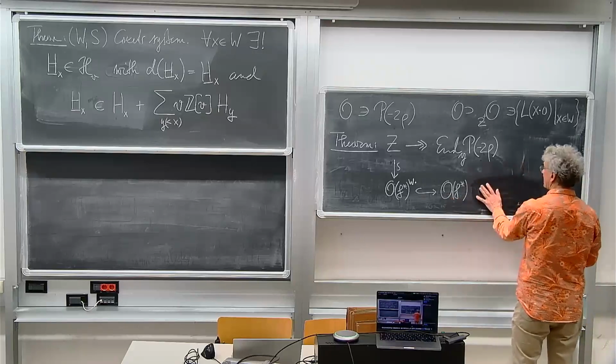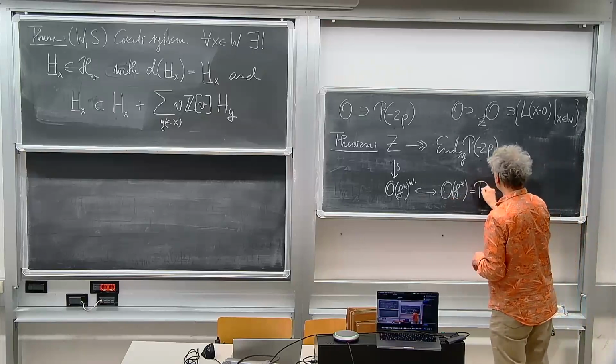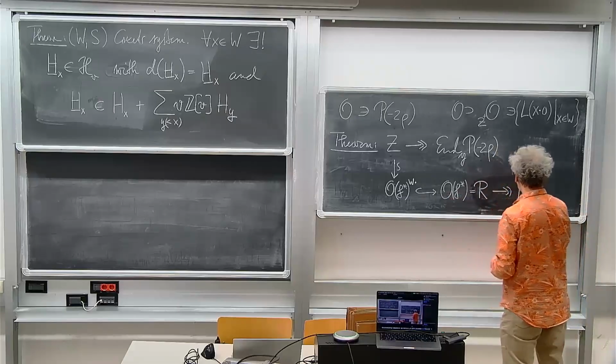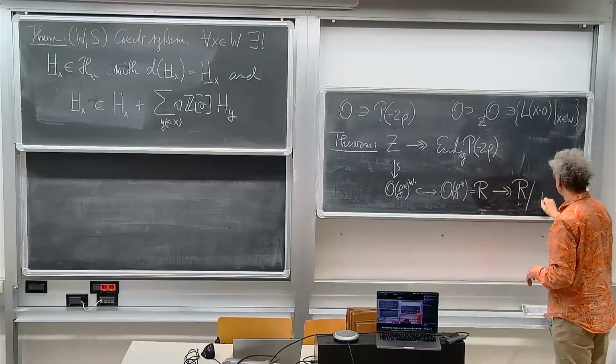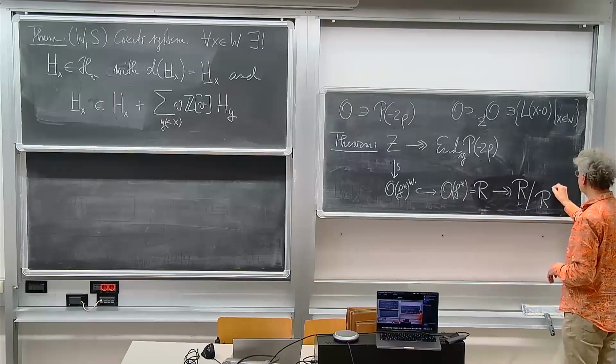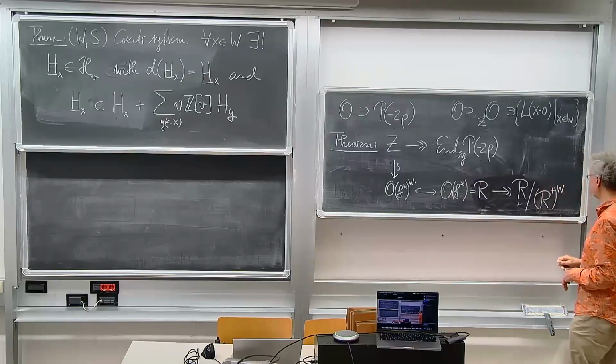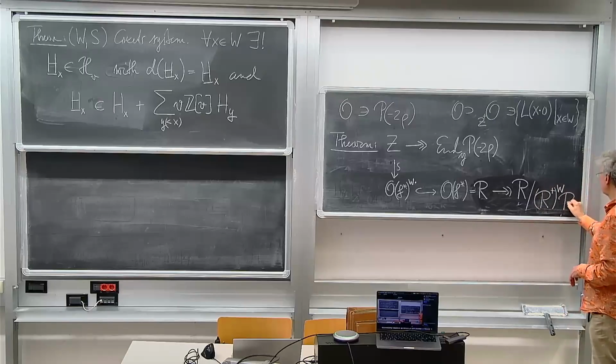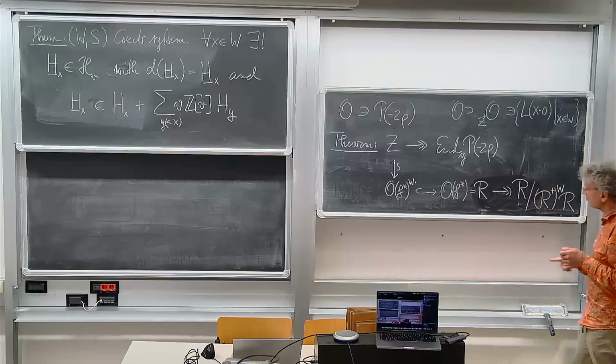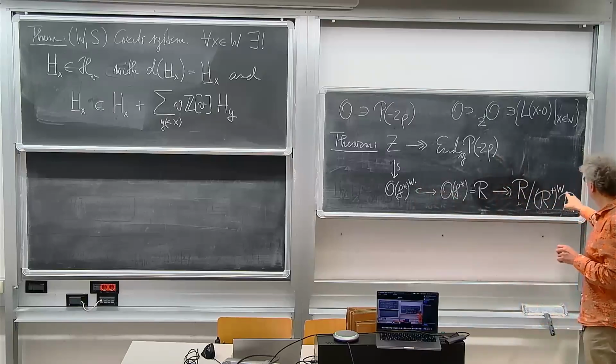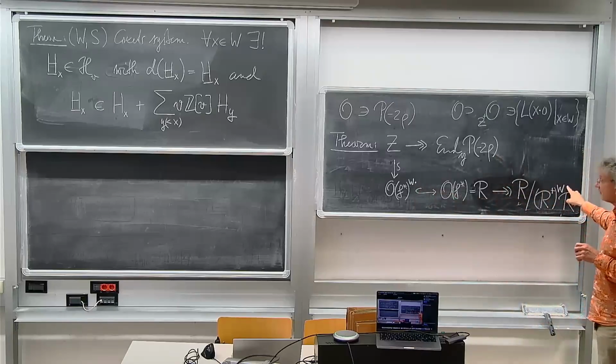Let me call this algebra R. And this goes to R modulo the ideal generated by the invariants of positive degree under the Weyl group. Here is the dot action, and here is the not dot action.